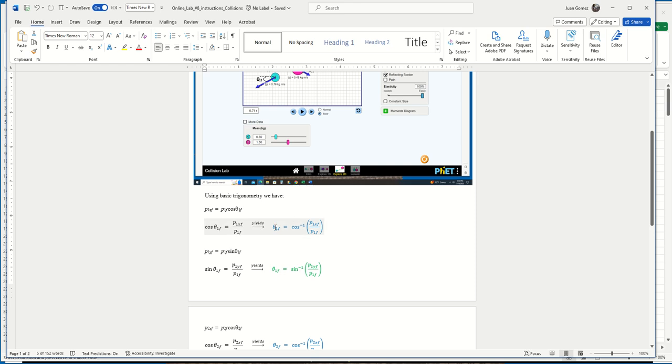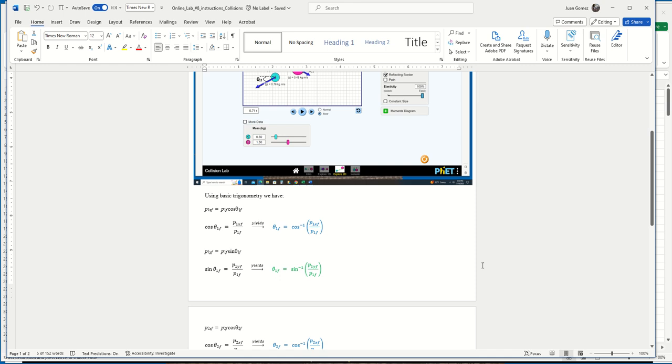Well, that means that theta 1 final is equal to the arc cosine of P1 xf over P1 f. Well, likewise for the y, P1 y final, and don't let the subscripts throw you, that's simply the final y momentum of M1. Well, P1 y final is P1 final sine theta 1 final.